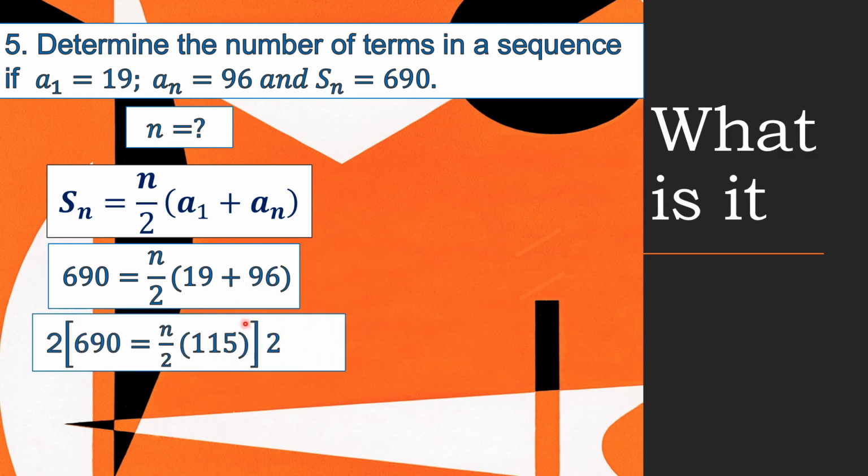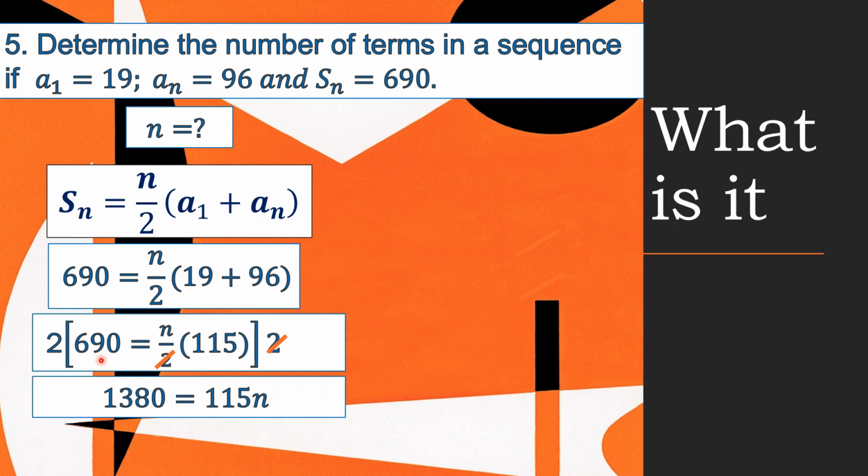And then, multiply both sides by 2 para makancel natin yung 2 dito sa ibaba ng n. So, pagka kinancel natin yung 2 dyan, dito naman sa kaliwa, we need to multiply 2 and 690, that is equal to 1,380.